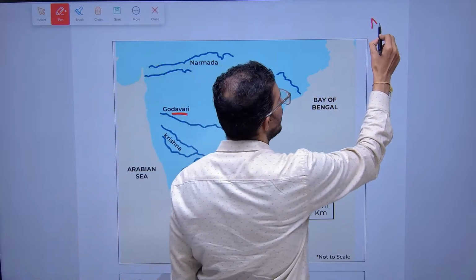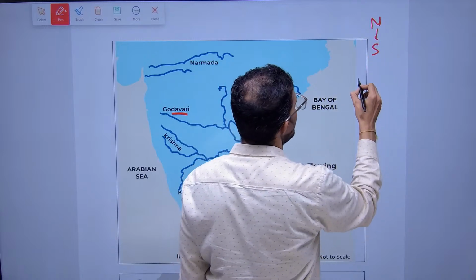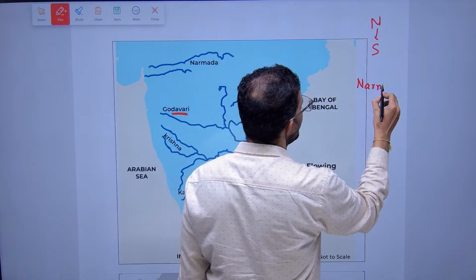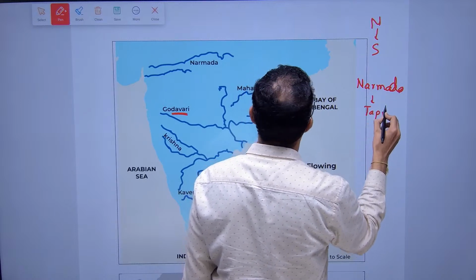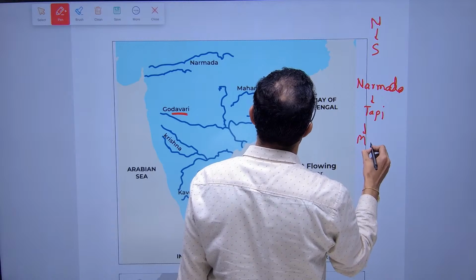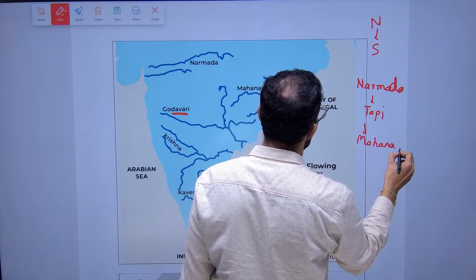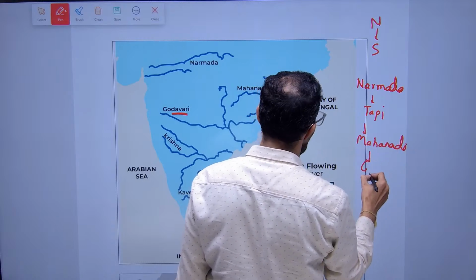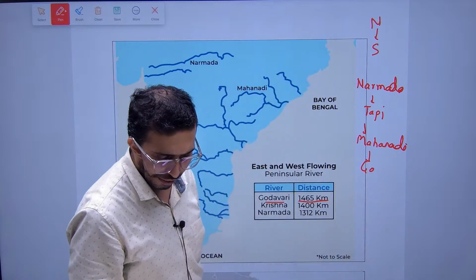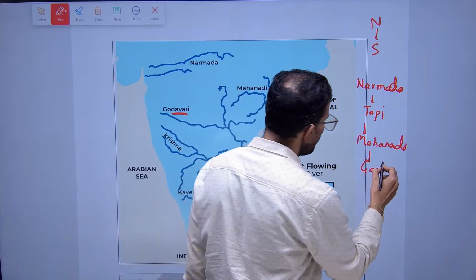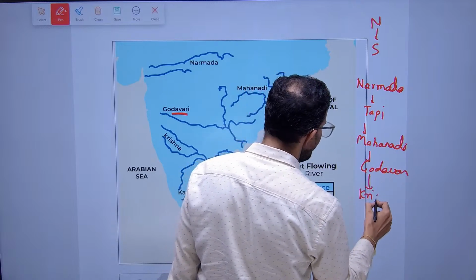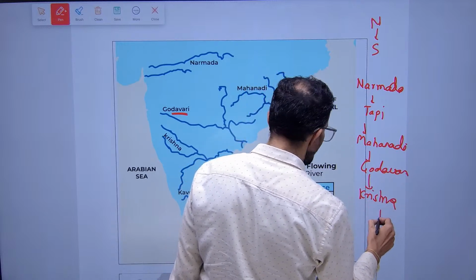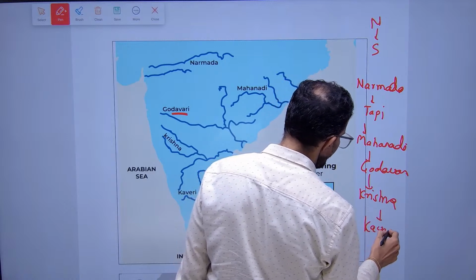What about the northern to southern sequence? First one is the Narmada, then Tapi, then Mahanadi, then Godavari, then the Krishna, and then Kaveri.